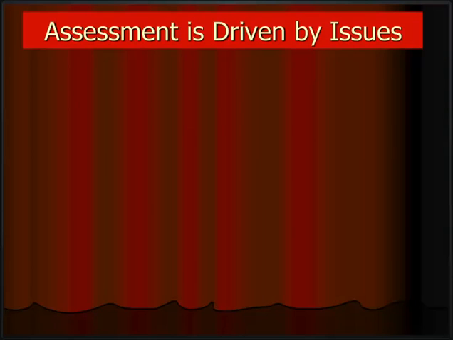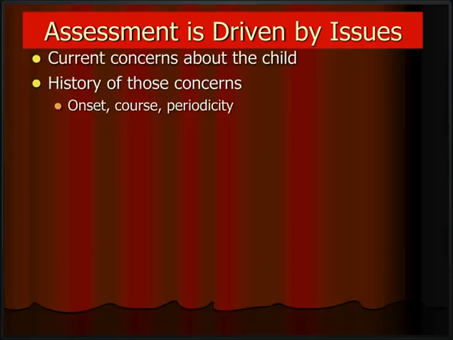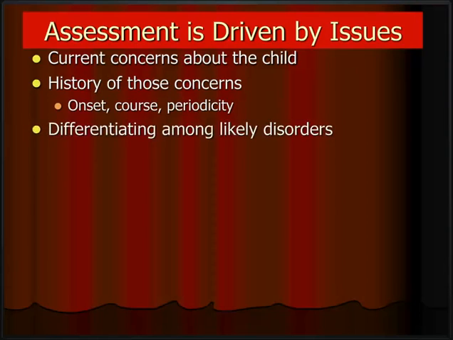For instance, a variety of issues are likely to arise in the evaluation of someone with ADHD. These issues might be the current concerns about the child, of course, their history, particularly their onset, course, and their episodicity or periodicity, which is to say, is the course chronic, or are there periods of remission, either in symptoms or in impairments? One also wants to determine the presence of ADHD relative to other psychiatric disorders.